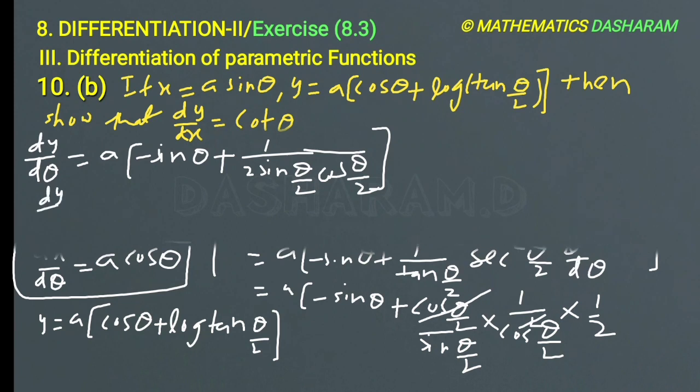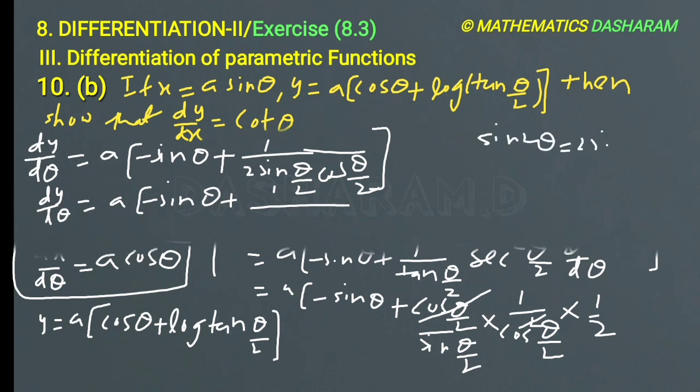So dy by d theta equals a bracket of minus sin theta plus 1 by, now the sin 2 theta formula is 2 sin theta cos theta.